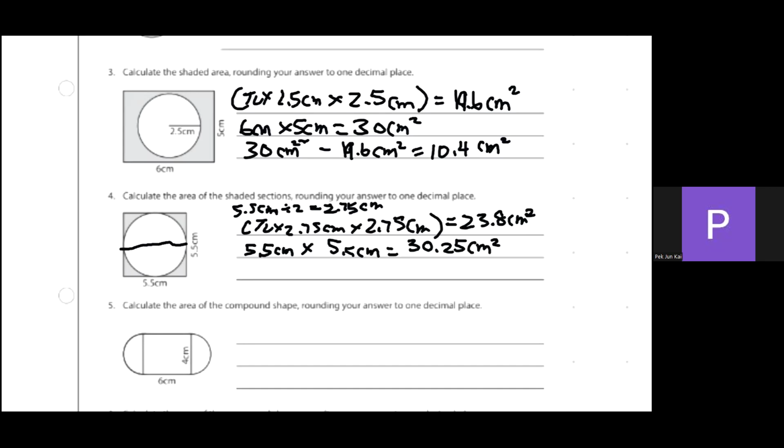So to calculate the area of the shaded sections, we take the area of the square and minus the area of the circle. So the answer will be 6.5 cm square after rounding.